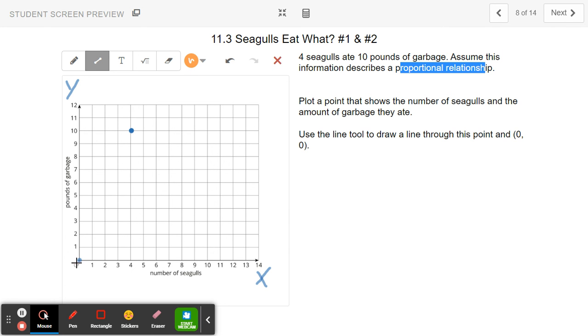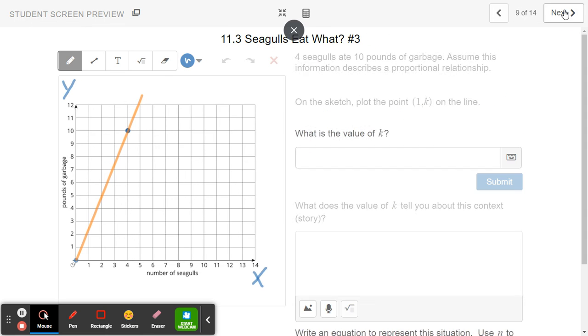That goes through the origin. So that's why we're connecting the origin, which I know it can be hard to get these connected, but do your best to get them exact. And I'm actually going to make this go through that point. All right. So here we go. We have a proportional line that's representing this situation. Okay. So let's move on.